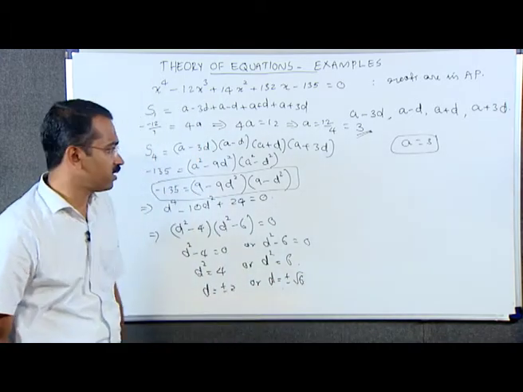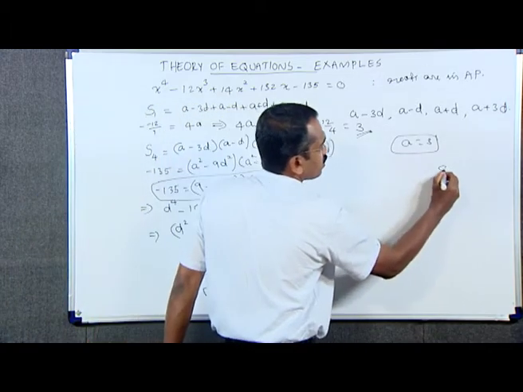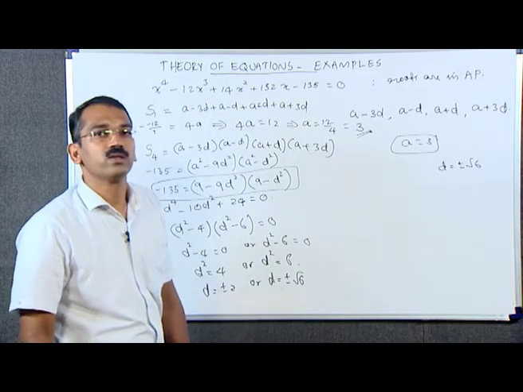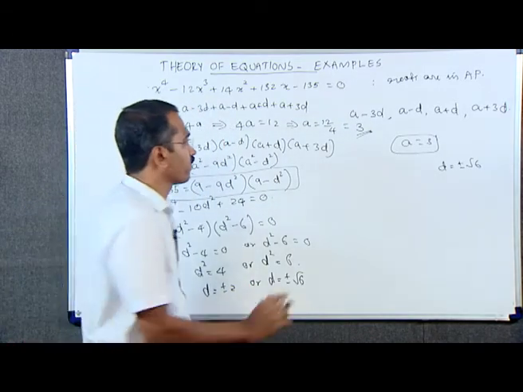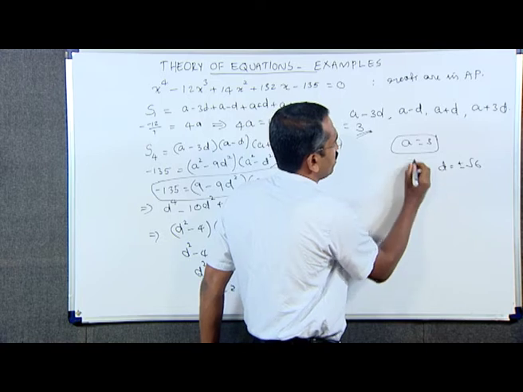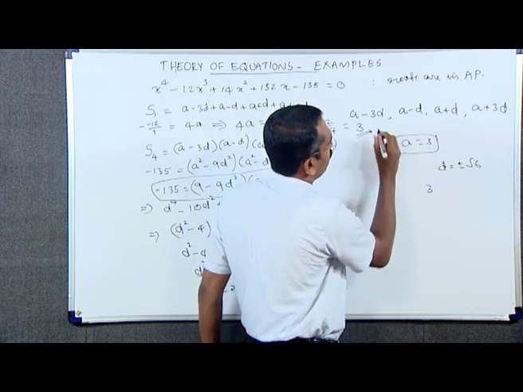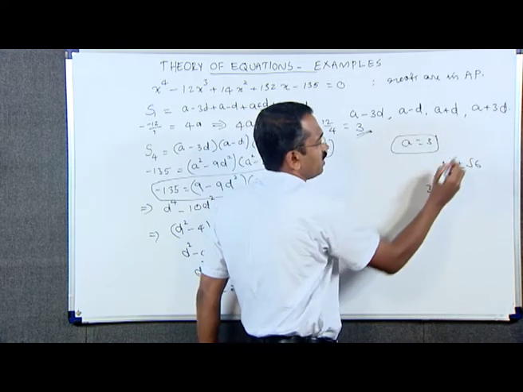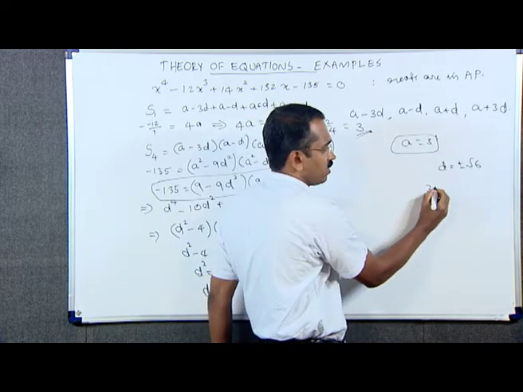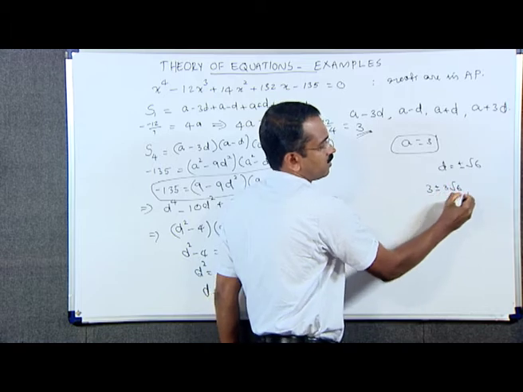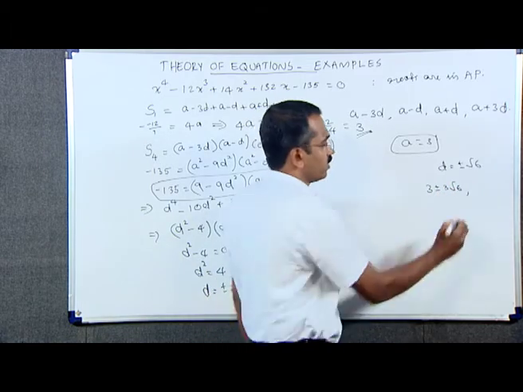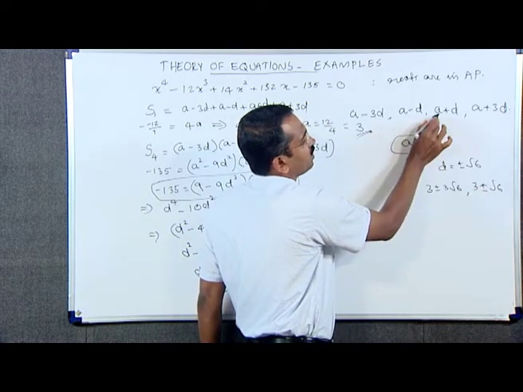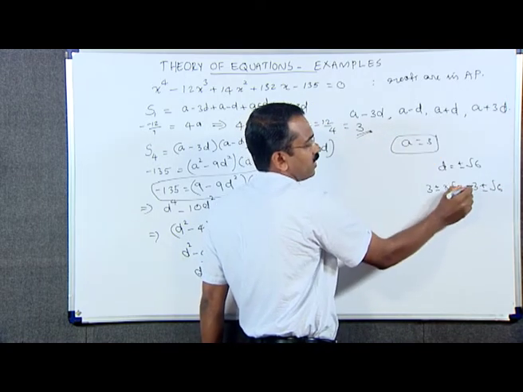If we take d is equal to plus or minus root 6, then the assumed roots become 3 plus or minus 3 root 6 and 3 plus or minus root 6, where a is 3.